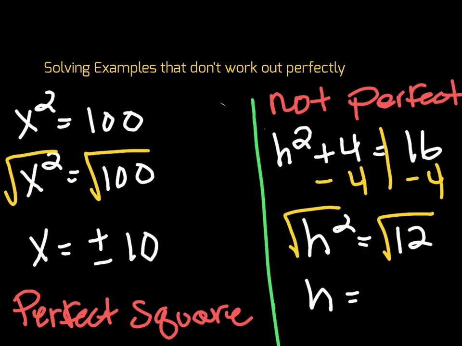And the square root of 12 is not a perfect square. The square root of 12 is actually 3.46. And don't forget, guys, it's not just 3.46, but it's plus or minus 3.46. We can't forget that plus or minus because our problem will be wrong otherwise. So sometimes these do not work out to be perfect squares, and there's just one example.